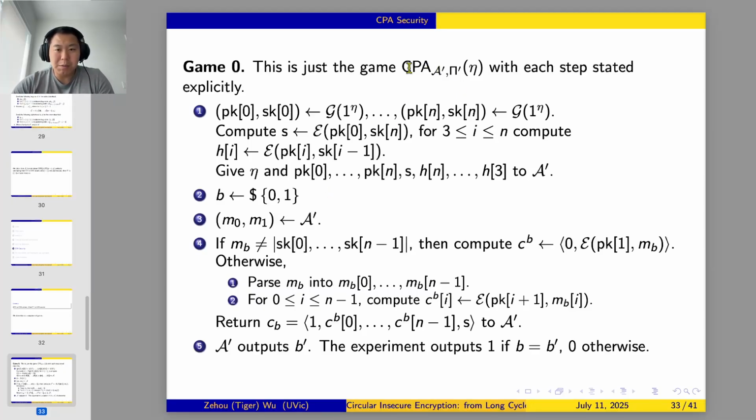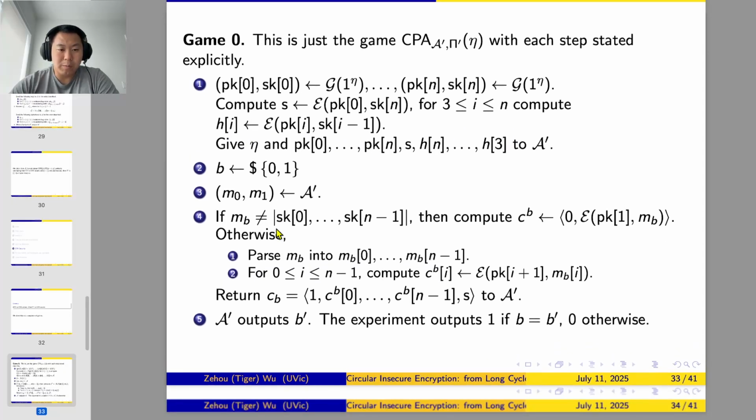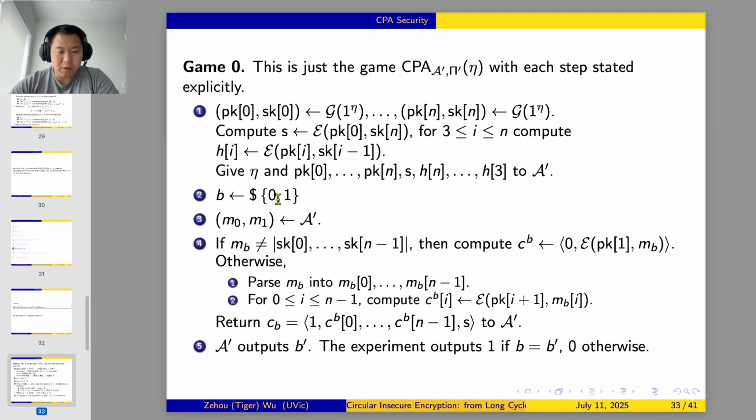This CPA game is played between A prime and pi prime, but pi prime in each step, of course, calls functions in pi. So first, the keys are generated, and the public key is sent to the adversary.